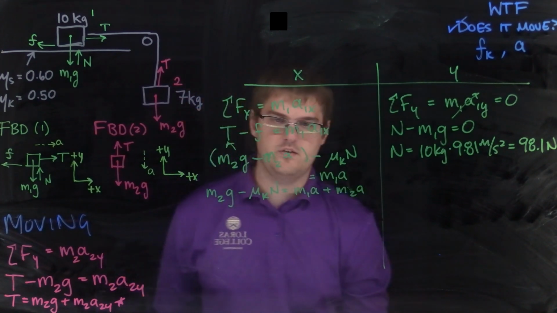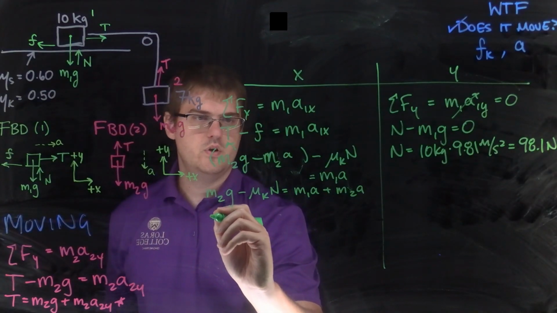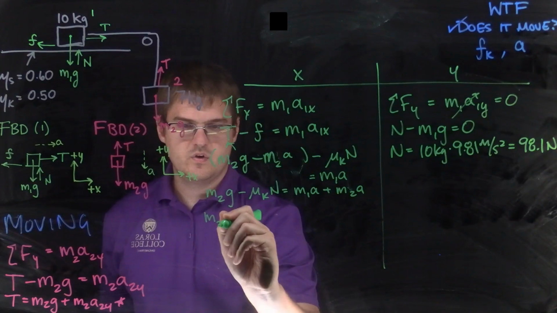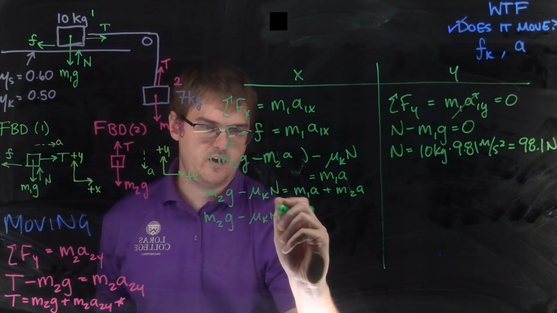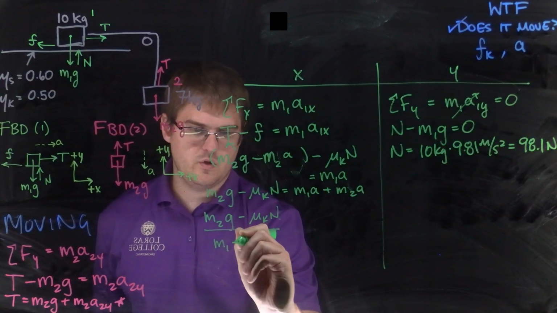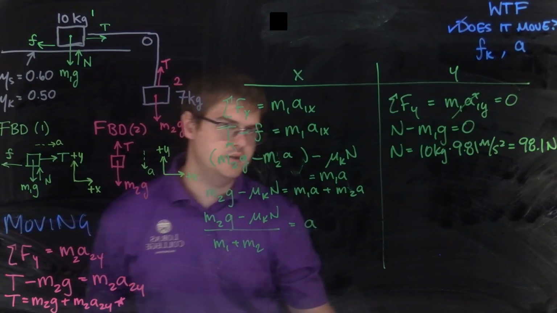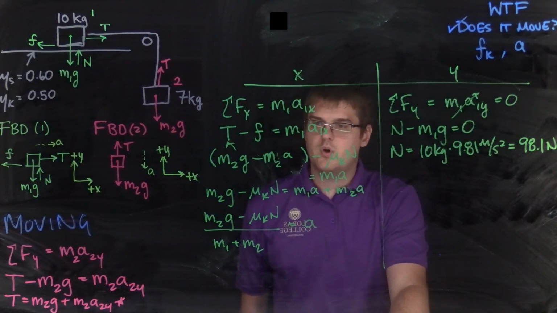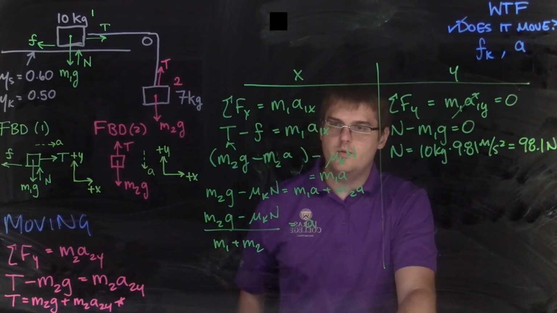I added this to the other side. I get my mass of 2 times gravity minus mu k times n all over mass 1 plus mass 2 is going to be equal to acceleration.